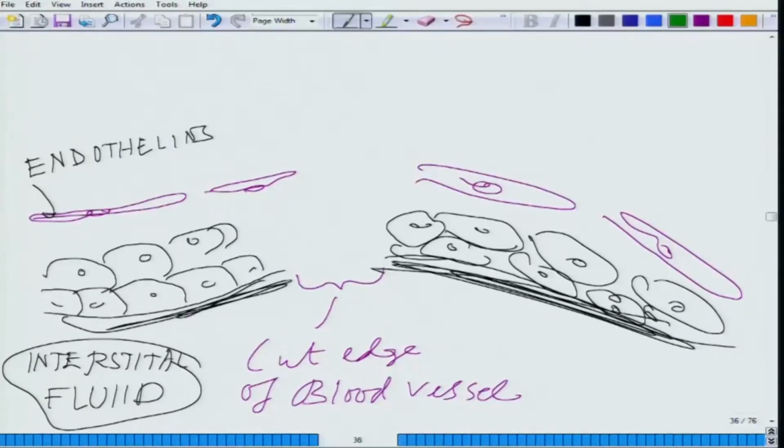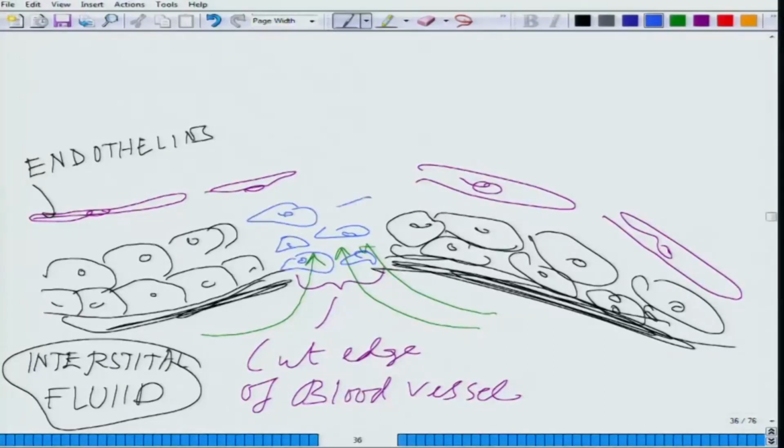As soon as there is a breakage here, the platelets start to come out at this zone, because they are the smallest ones. Now in blue you see the platelets all over the place. These blue cells are the platelets, and the platelets try to aggregate at this spot.